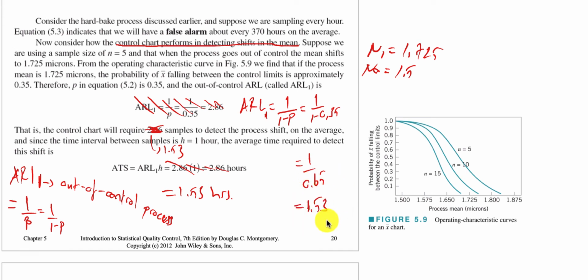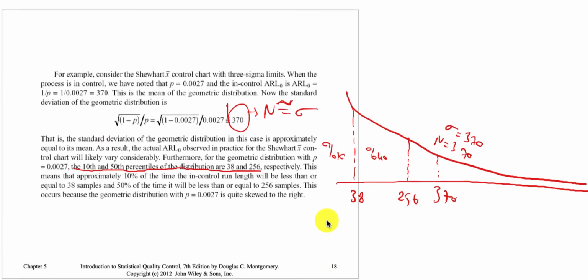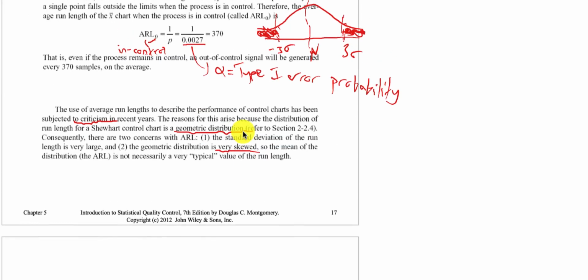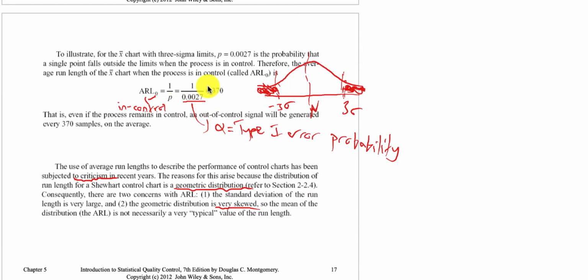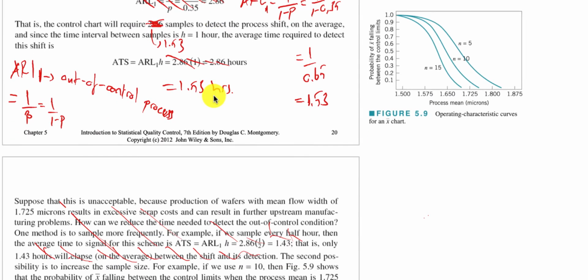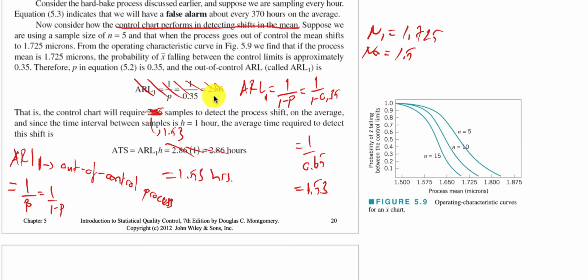This is the average value, this is the expectation value. It is decreased, right? It was 370 for the statistically in control processes, because there was no shift in the mean. But here we assume that the mean is shifted to a higher value.